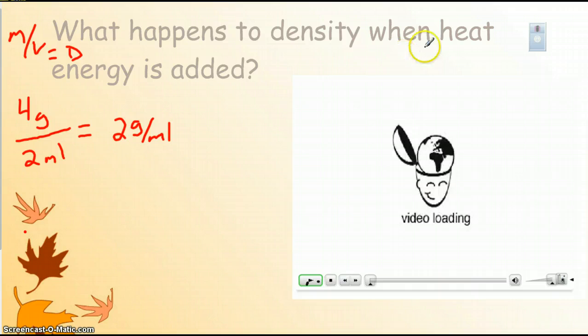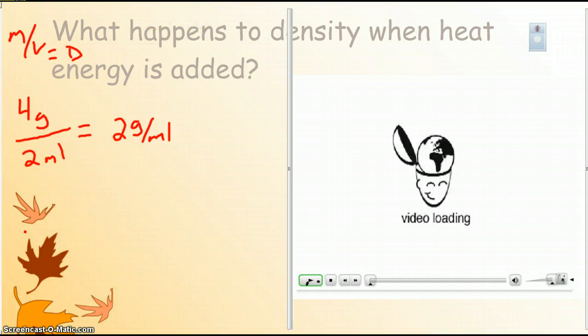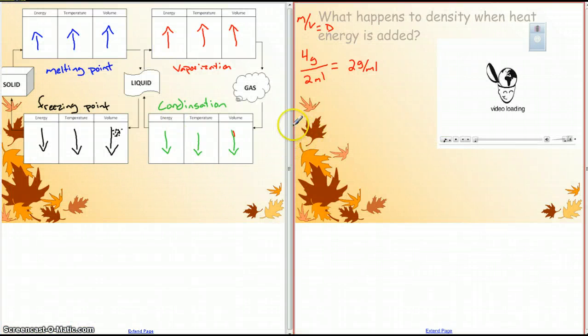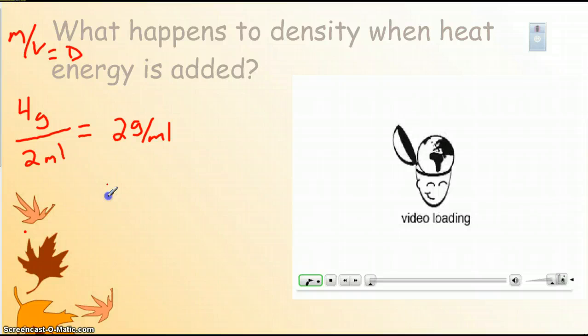Now, what happens to density when heat energy is added? Well, if we flip back, we would be able to see that when heat energy is added, that means that the volume is increasing. Remember that. So volume is increasing.